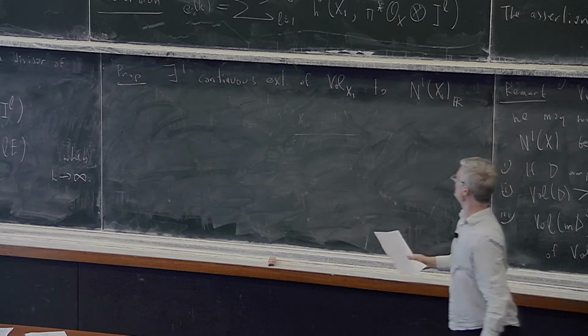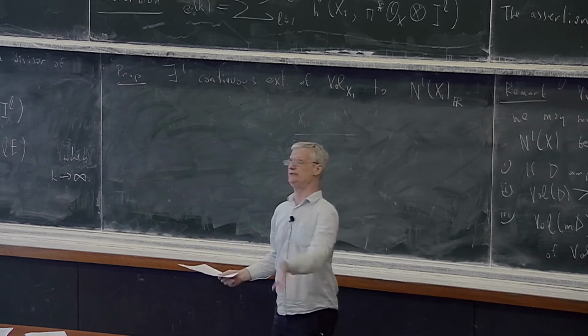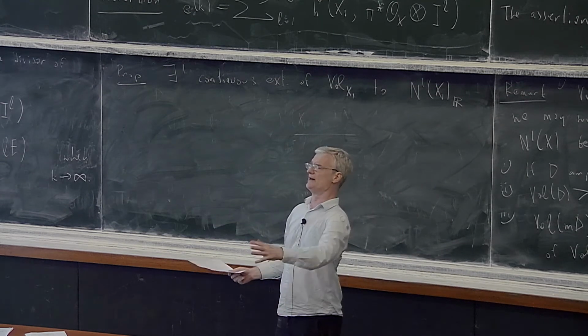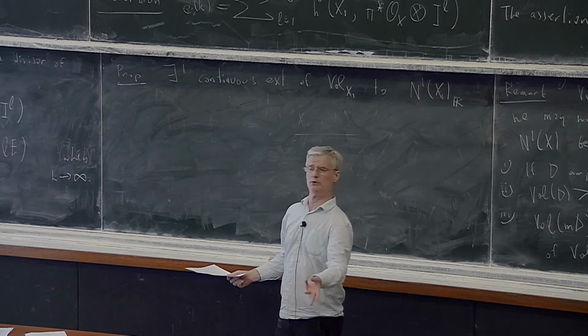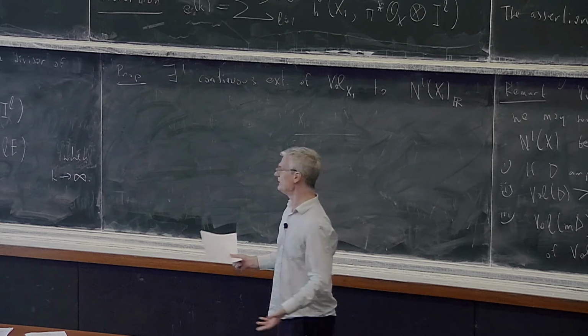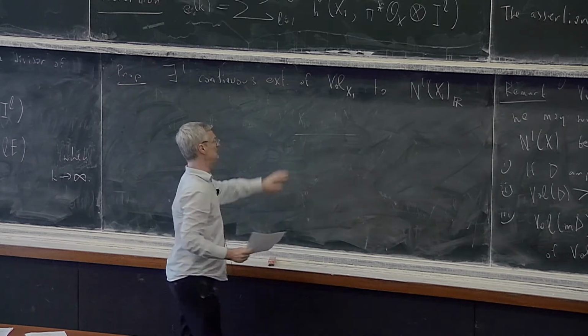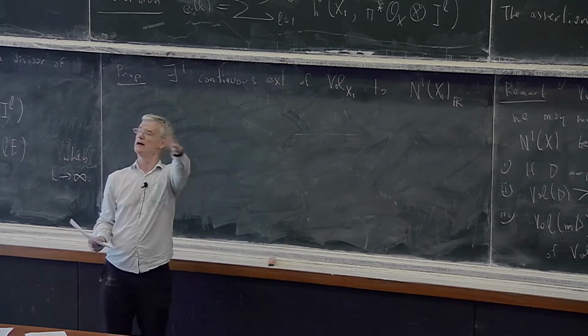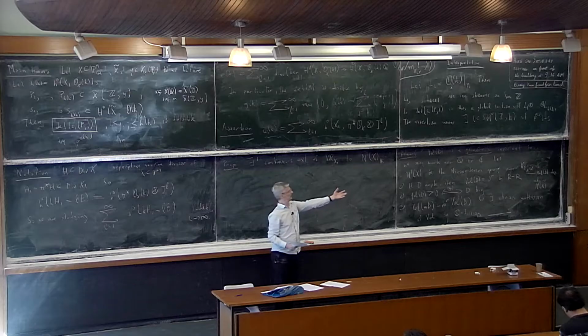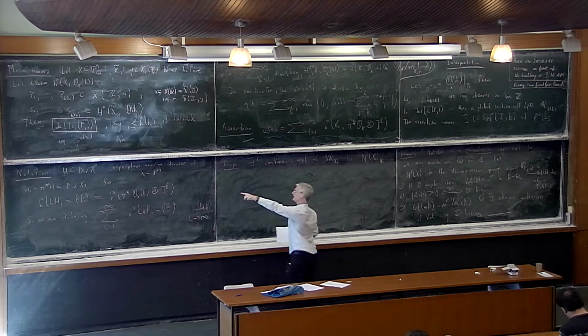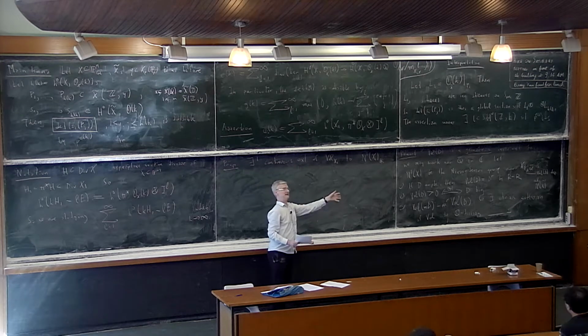In general this can be quite wild. It's continuous, but otherwise it doesn't have to be piecewise polynomial in general. But for Fano varieties, when everything is very nice, if you start with the anticanonical embedding, then you have only piecewise polynomial.